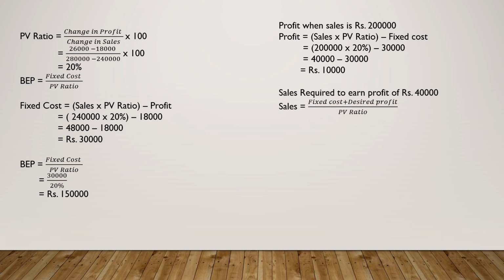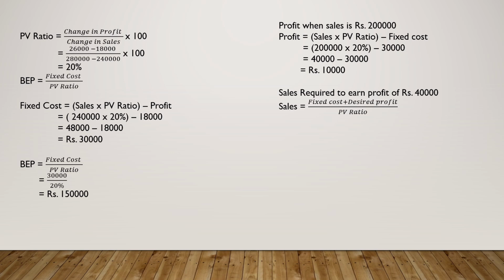Next question is sales required to earn profit of rupees 40,000. So if you want to earn 40,000, if you are estimating your profit should be 40,000, then what sales you should do? This is the meaning of this question. To calculate this, now if you remember, we have discussed the required sales formula, which is the same formula. So the required sales is equal to fixed cost plus desired profit divided by PV ratio.